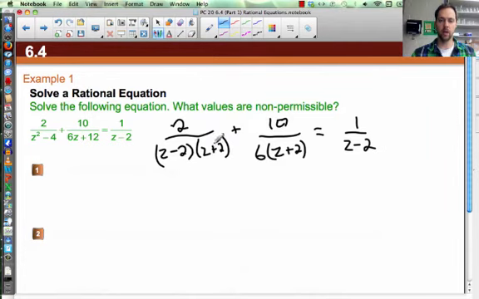Let's multiply everything by every denominator. So, how do I want to go about this?